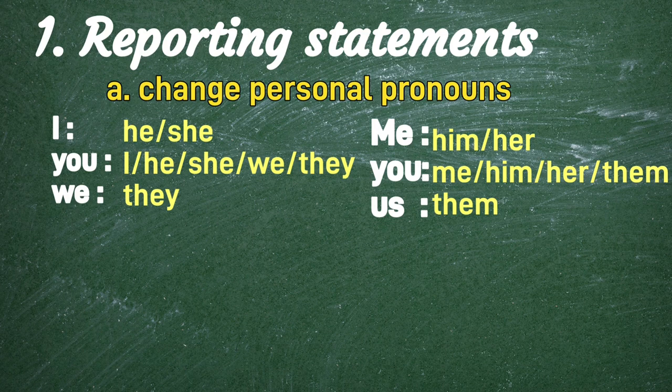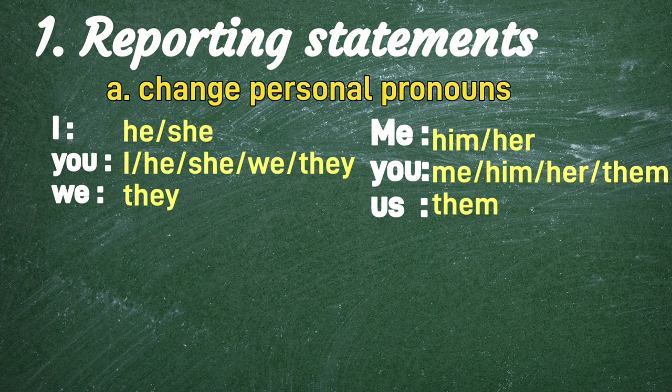When you see you, it can either become I, he, she, or even they. So it all depends on the context. And whenever you see we in your direct speech, make sure to transform it into they in your indirect speech.